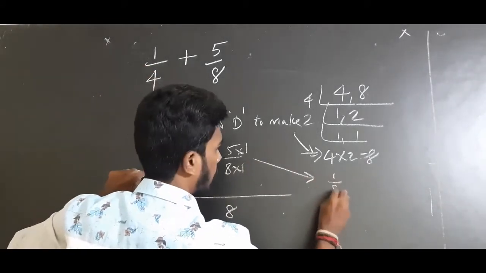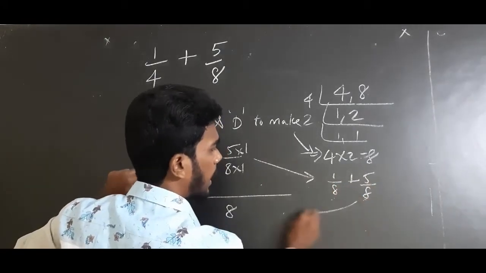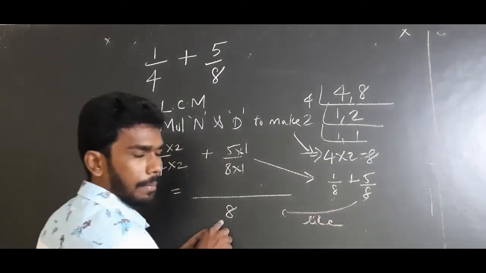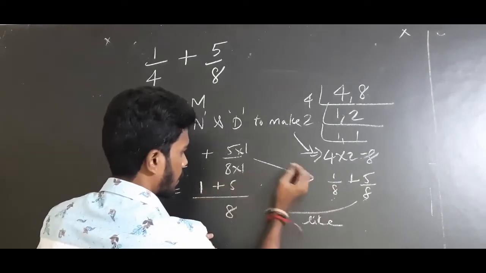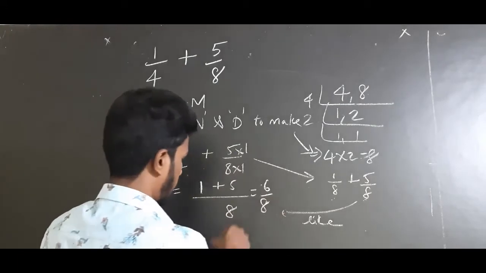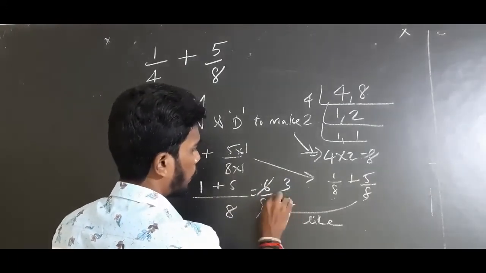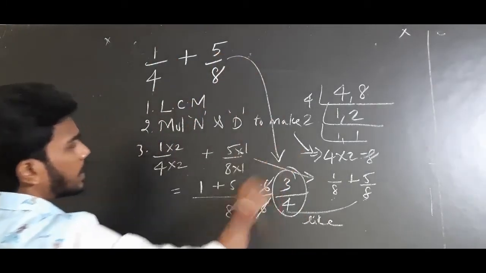I can write 1 by 8 plus 5 by 8. So 1 plus 5 gives you 6 by 8. If you simplify this using the 2 table, 2 threes are 6, 2 fours are 8. So the answer of 1 by 4 plus 5 by 8 is 3 by 4.